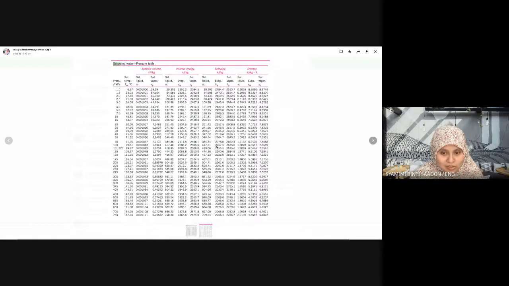So we take this one, HFG, 2257 kilojoule per kilogram, and multiply with the 200 gram just now, or 0.2 kilogram. Since this is in kilogram, you have to convert it into kilogram. So 2257 multiplied by 0.2.